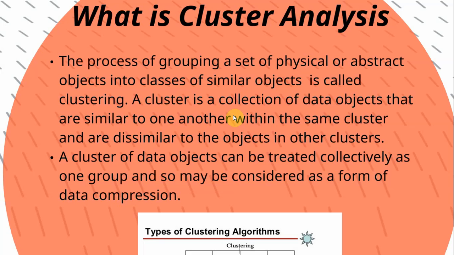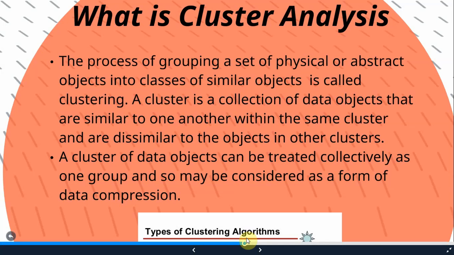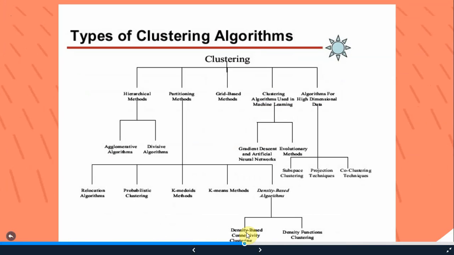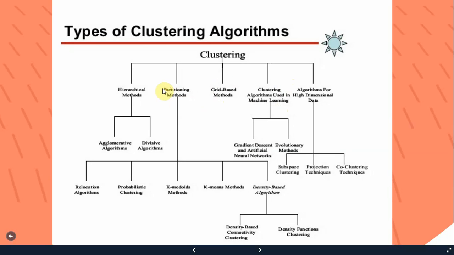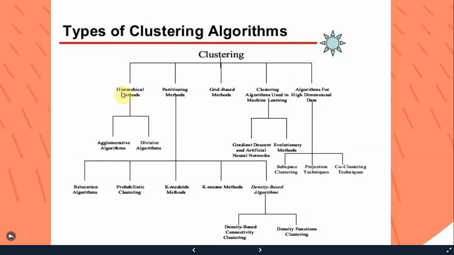A cluster is a set of data objects that can be treated collectively as one group, or may be considered in the form of data compression. There are different types of clustering algorithms. Broadly we divide them into 5 types, which are further divided into other types also. First is hierarchical clustering, then the partition method, then the grid-based method, then algorithms used in machine learning, then high-dimensional data.